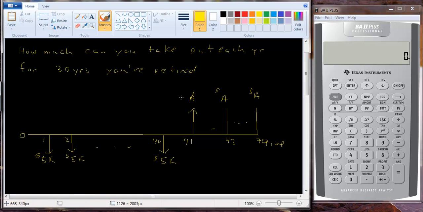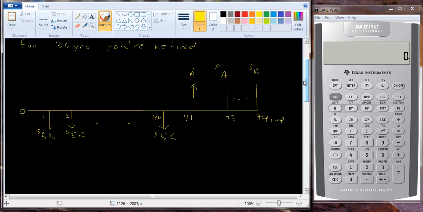Last time we knew these numbers and we wanted to solve for this. This time we know this and we want to solve for this. So let's think about this. We can figure out how much you'll have in the account in year 40 after you make the last deposit. So this is a future value annuity problem.